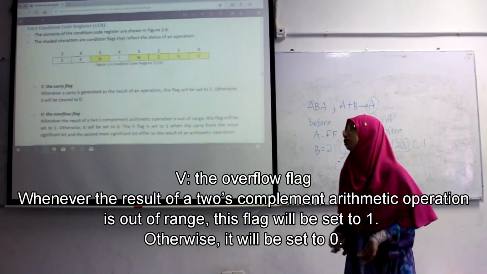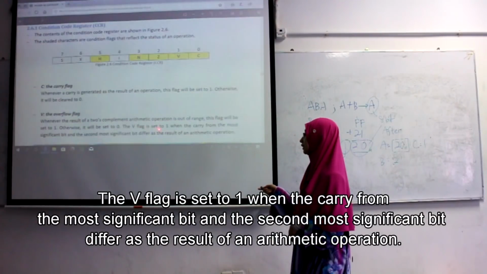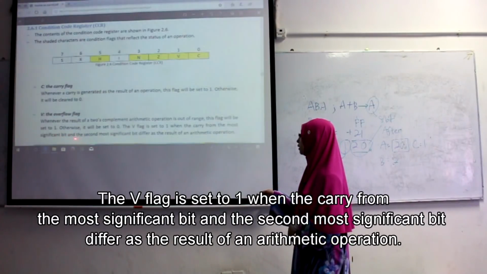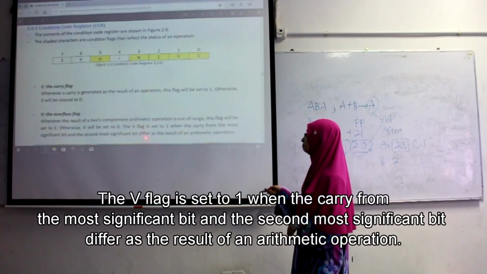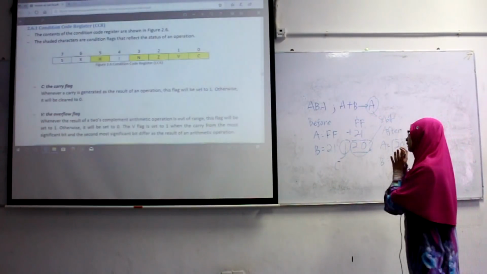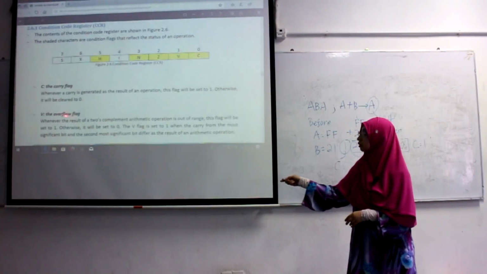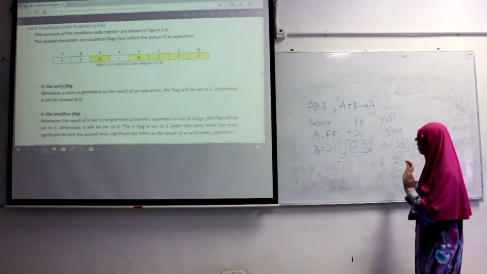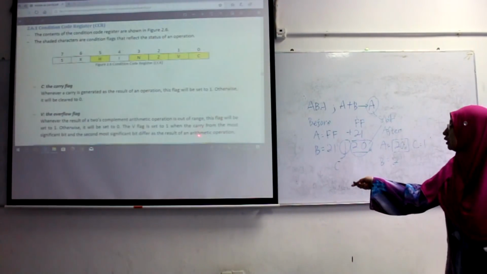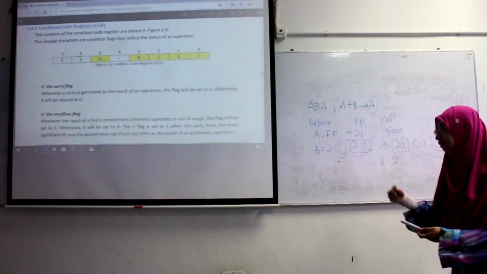Or if we do not use 2's complement arithmetic, the V flag is set to 1 when the carry from the most significant bit and the second most significant bit differ as the result of an arithmetic operation. Let's say we want to determine the V flag, either 1 or 0. We have to look at the MSB bit and the second MSB bit, whether they differ or not.